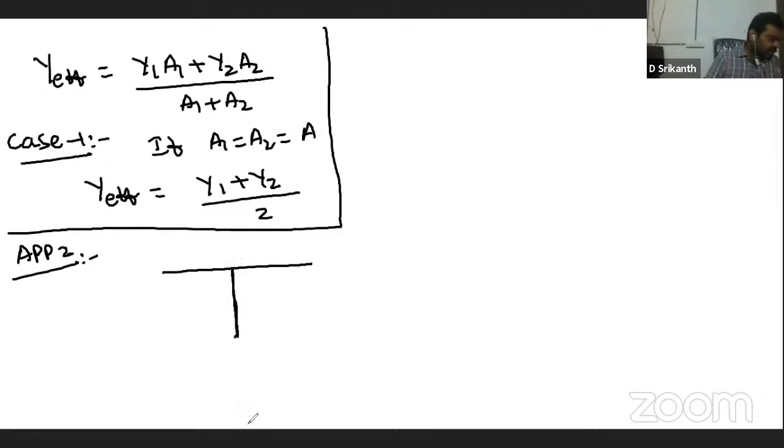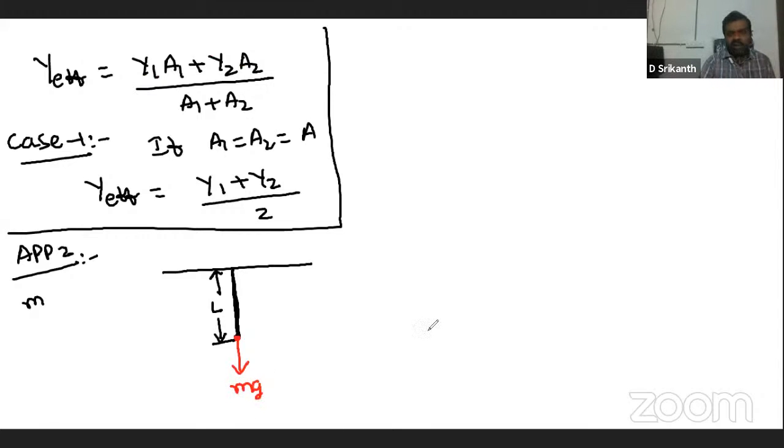Let us consider a wire. Suppose this wire has length L and it has a mass M. Correspondingly, the weight of this wire will be mg, which is acting vertically downwards.